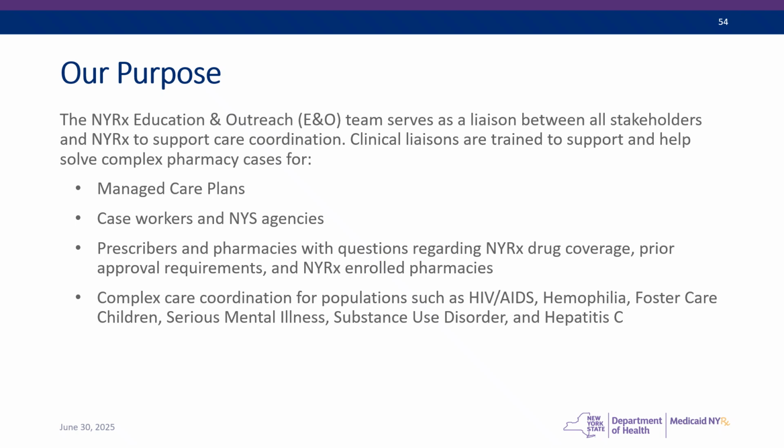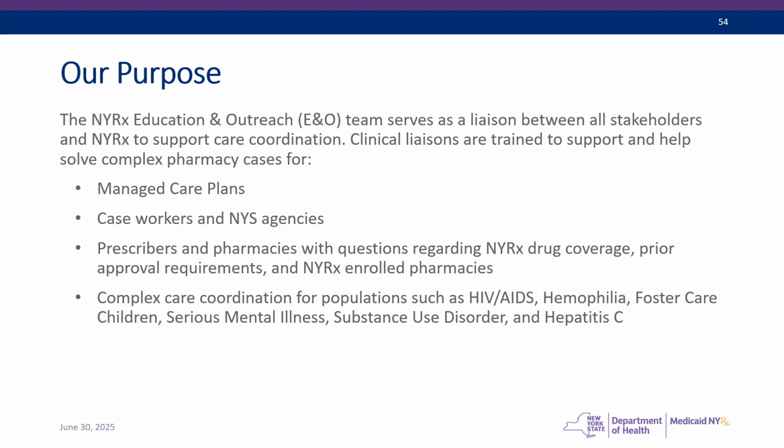This team assists New York State Department of Health and its stakeholders in several ways: ensuring members receive their medication in a timely manner, facilitating intervention and access for medically complex cases, and providing detailed information about NYRx drug coverage, prior approval requirements, and NYRx enrolled pharmacies.